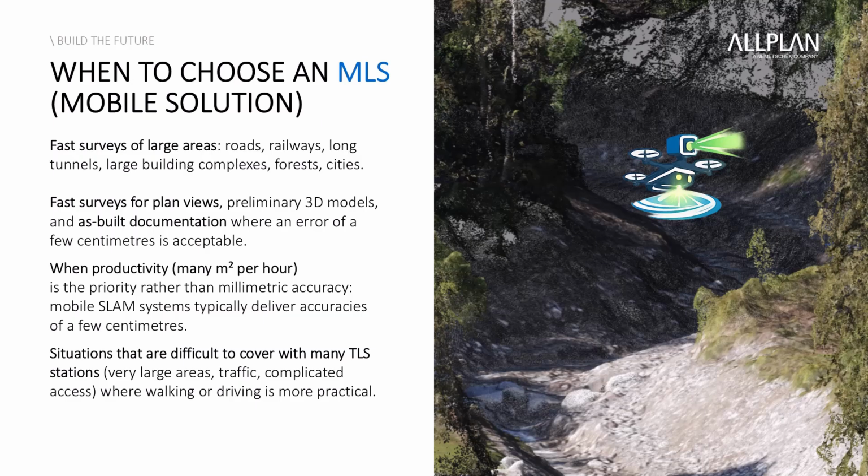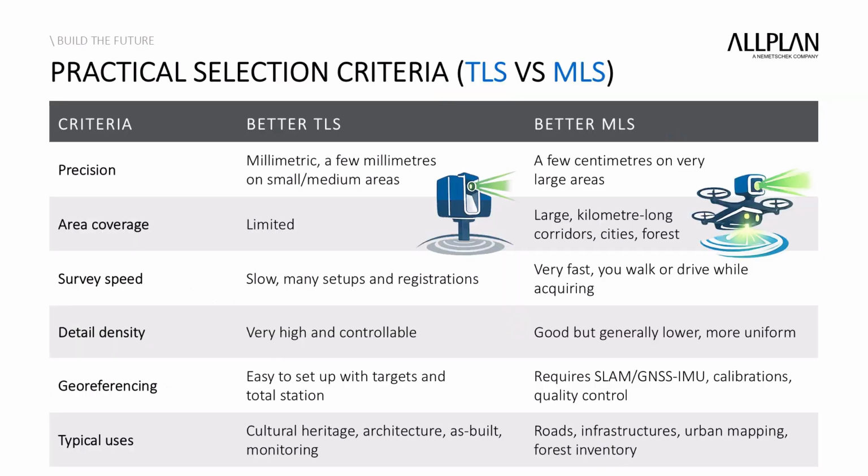The main reason I made this particular point is that clearly, depending on the specific instrument I choose to use, I will obtain different types of point clouds, and therefore I will always need to use the most appropriate tool for the job. In this brief summary table, I have tried to summarize exactly when it is better to use a terrestrial laser scanner and when it is better to use a mobile mapping system.